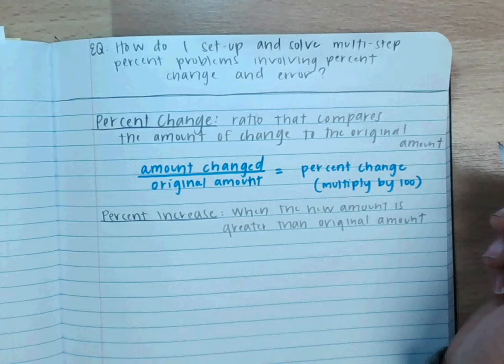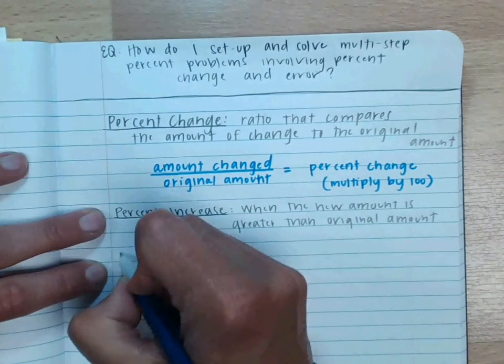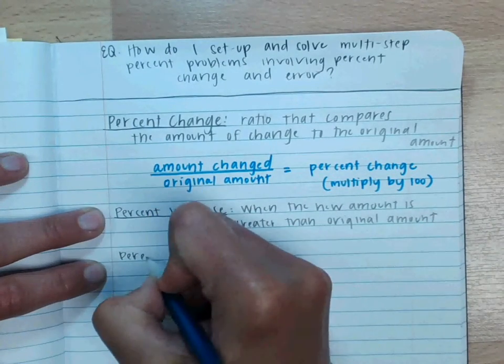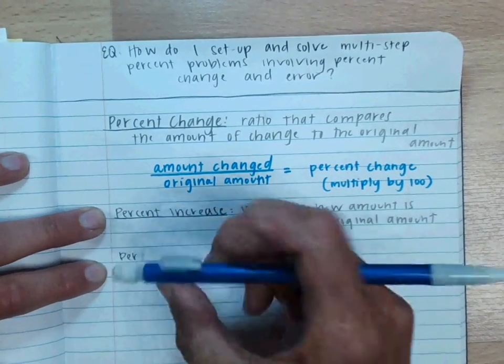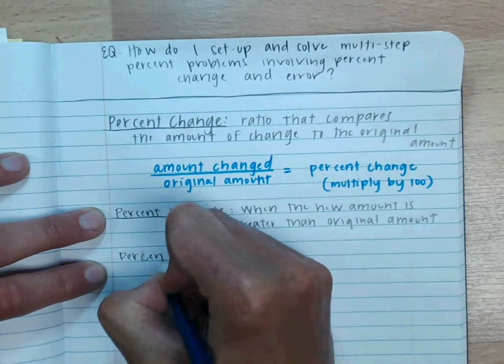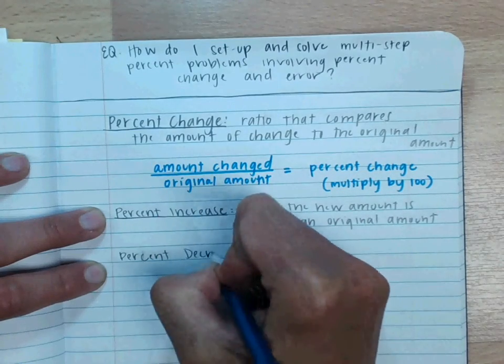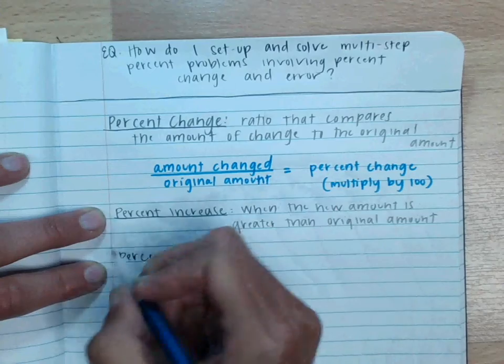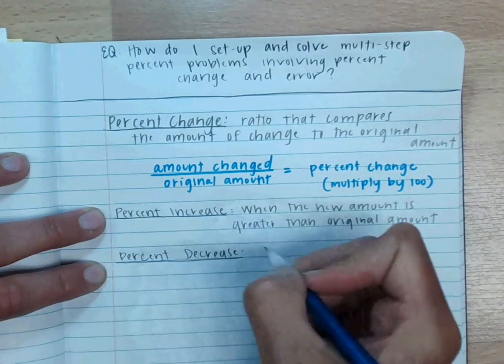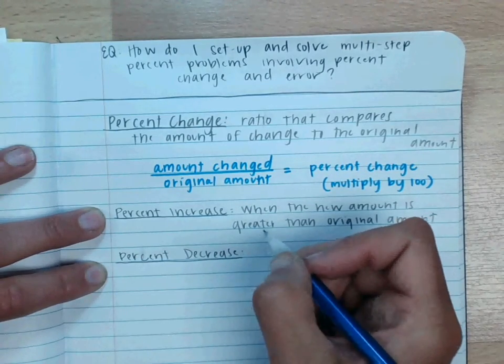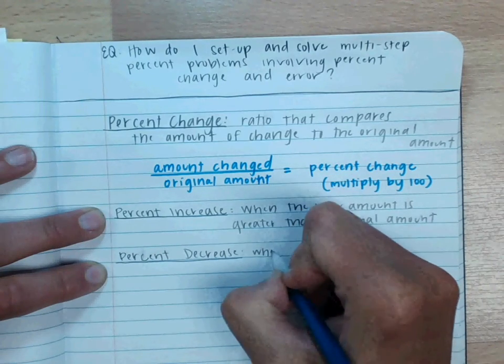Whereas a percent decrease is where the new amount is less than the original amount.